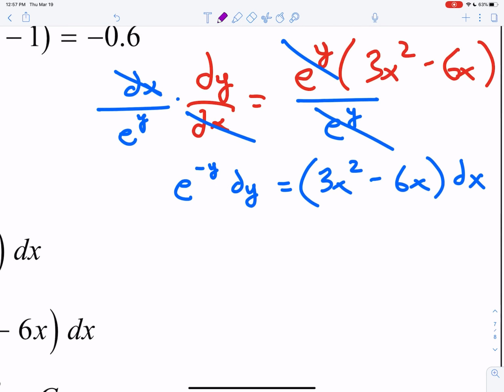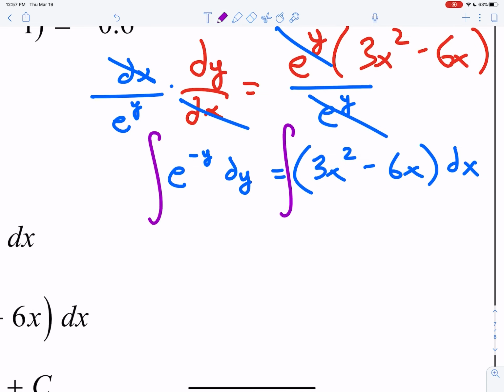If I integrate this now, the right-hand side will be 3x cubed over 3 minus 6x squared over 2. It's up to you if you want to simplify it. On the left side, there is a function inside of another function. It's kind of like that last problem in 2012 where you had a negative linear at the bottom. You could go back to that video if you'd like. But pretty much there is a function inside of your exponential function.